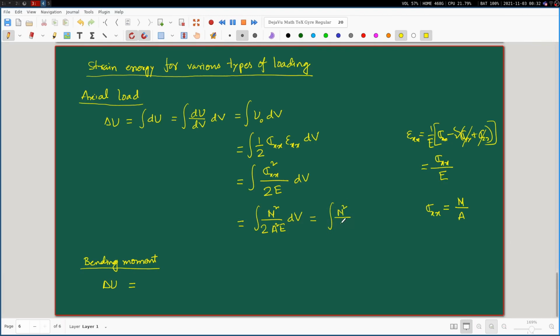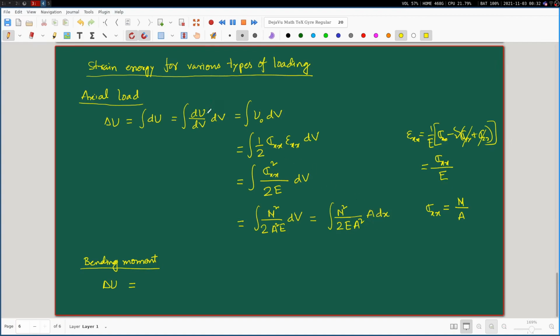Even if you don't consider the prismatic case, you can definitely write it like this: the infinitesimal volume dV can be written as the cross-sectional area over the little distance dx.